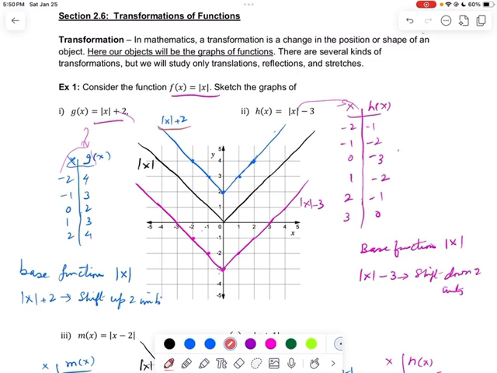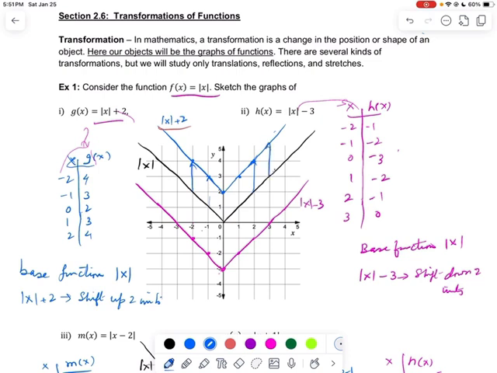So see, this blue one is taking the black graph, which is the graph of absolute value of x, and moving it 2 units up. So each point on the graph has been moved 2 units up. Okay? Any point that you take on the graph has moved 2 units up. So that's what we call a shift up, or a vertical shift up.